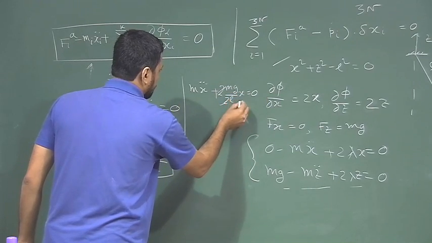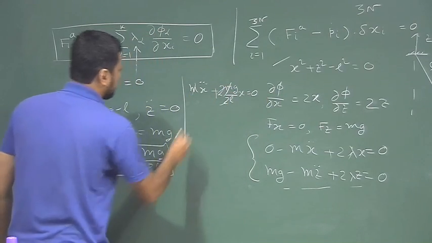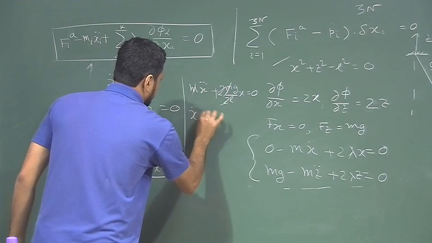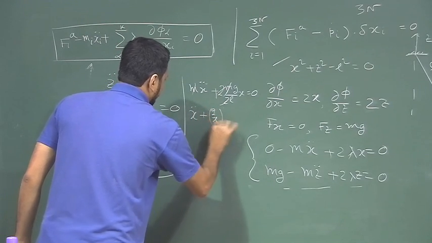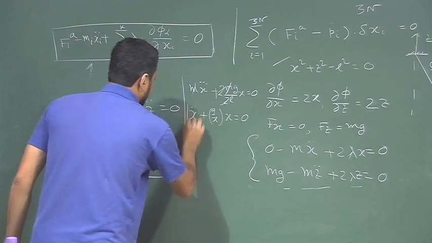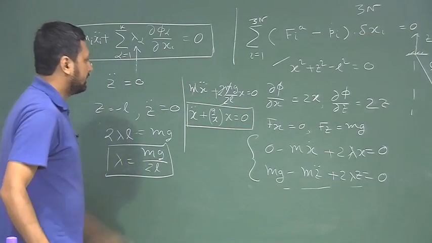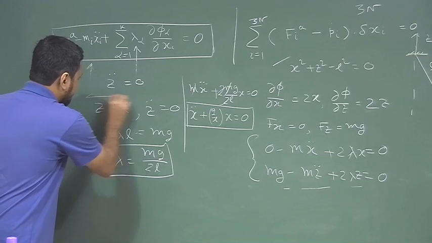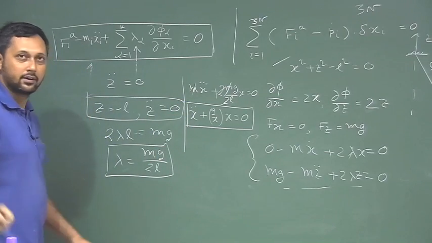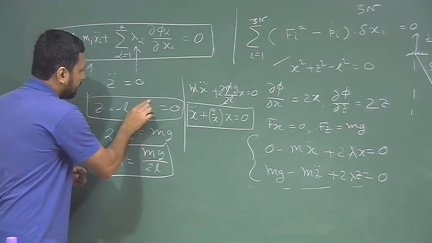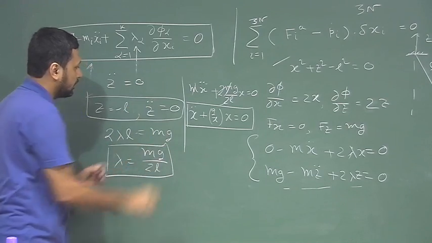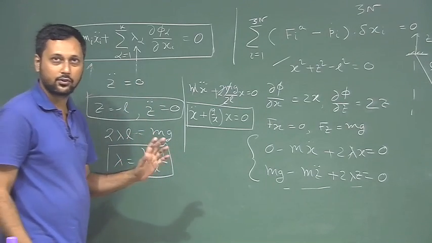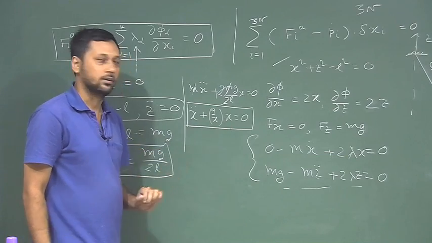The 2 goes, m cancels, which will be x double dot plus g by L x is equal to 0, right. So, we got back the standard equation for simple pendulum, again under this set of approximations. We have to make this approximation, because otherwise our pendulum is not a simple pendulum and this equation is not valid.